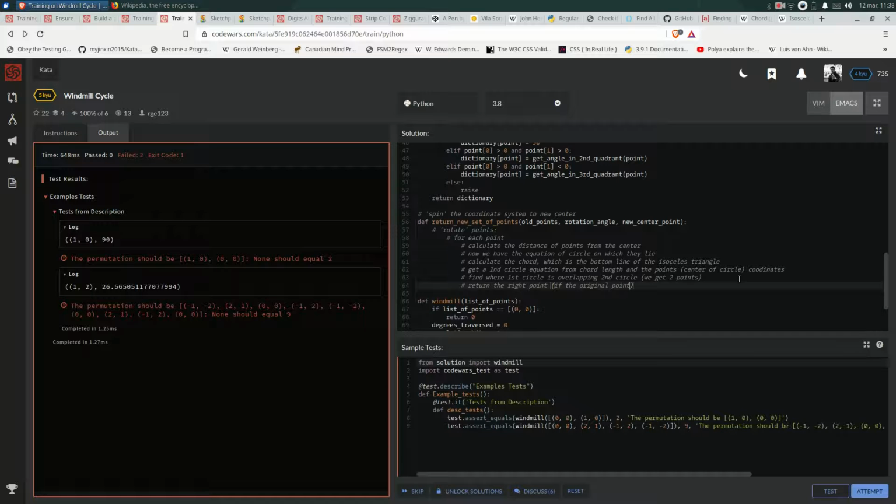So if the original point is in quadrants 2 or 3, return the point with the biggest y value.